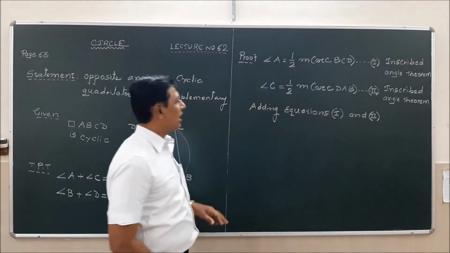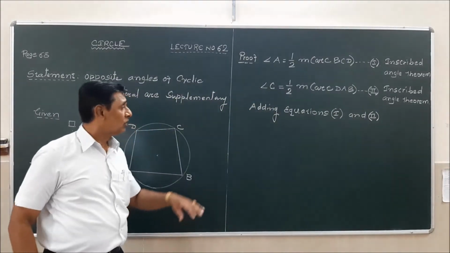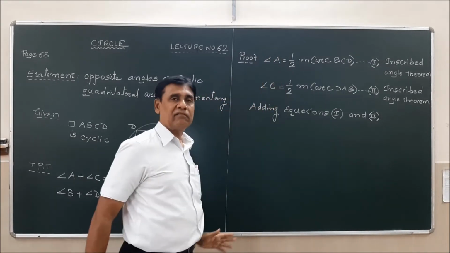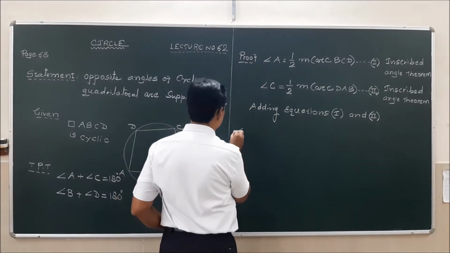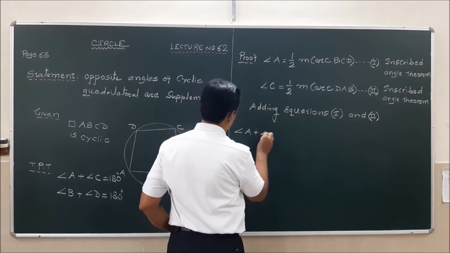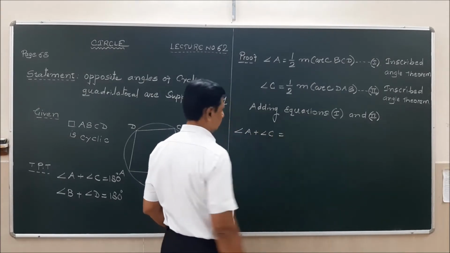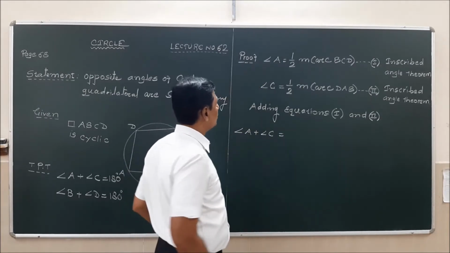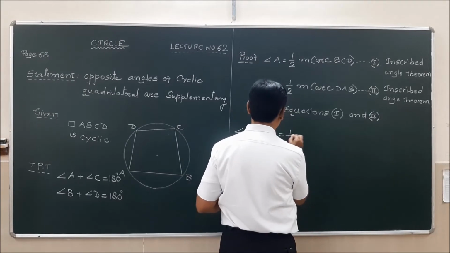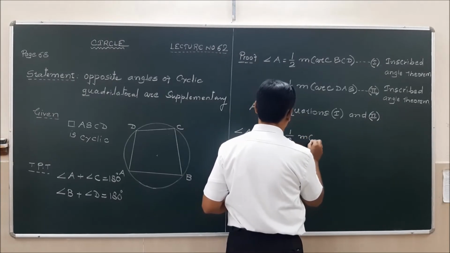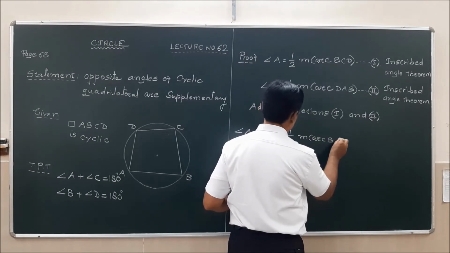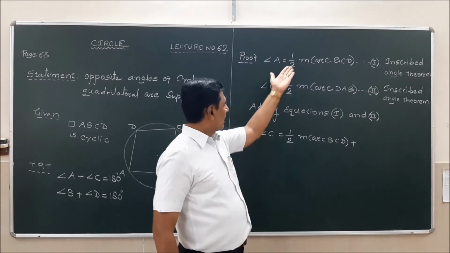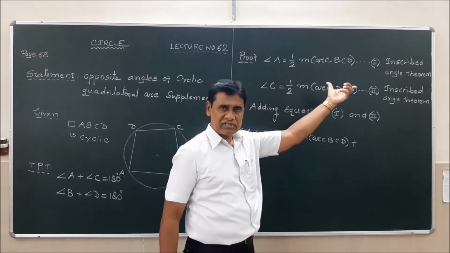So if we are going to add equations 1 and 2, left hand side of 1, which is left hand side of the equality sign. So angle A plus angle C is equal to half measure arc BCD plus, right hand side of 1 is half measure arc BCD.